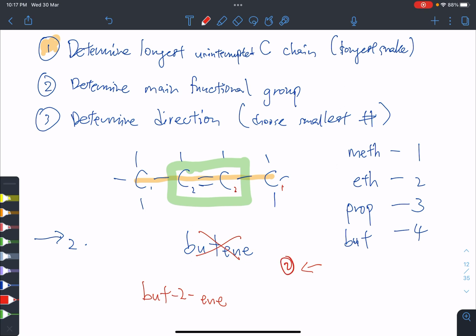Oh, in this case, honestly, there's no difference whether it's left or right. So instead of butene, I call it but-2-ene. Before the ene, there is a 2. That's all. But-2-ene. There's no add-ons, there's no additional groups apart from the main chain.